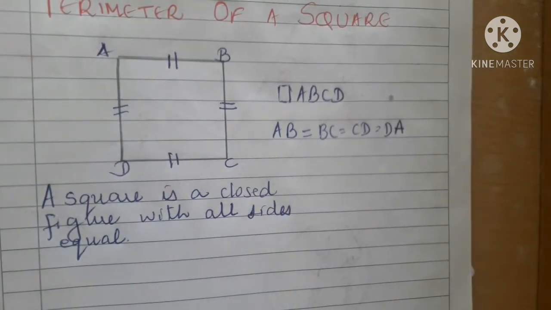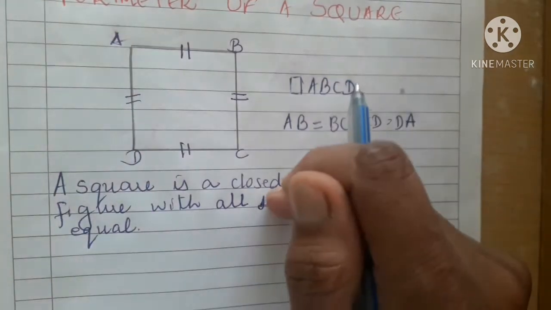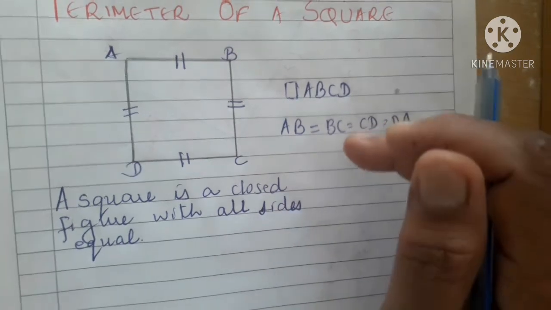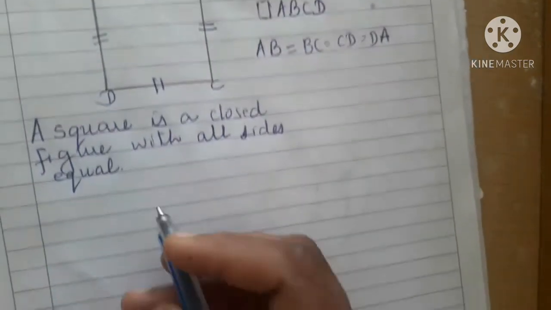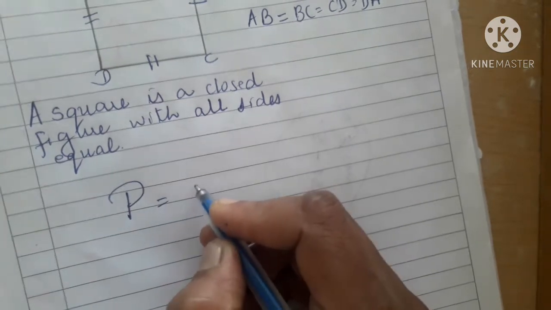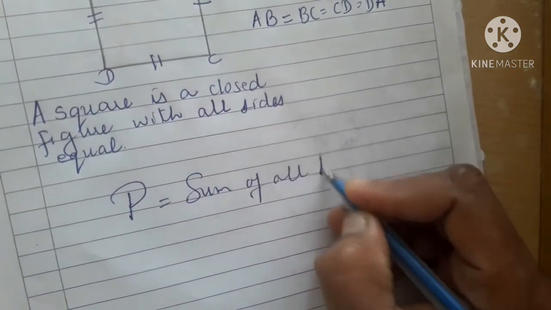Okay, so when you have to find the perimeter of a square, you can just multiply by 4, because what is perimeter? As we said, perimeter means sum of all the sides.